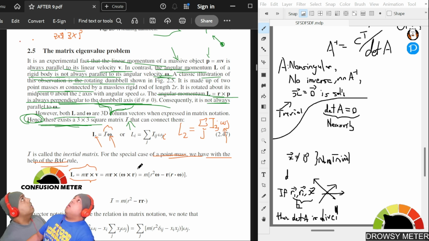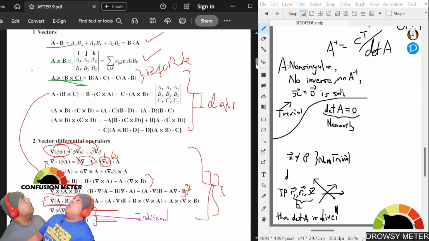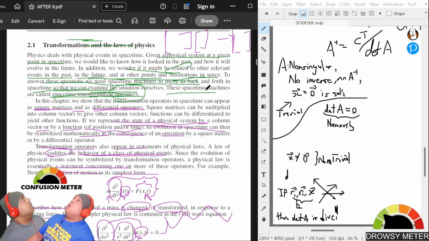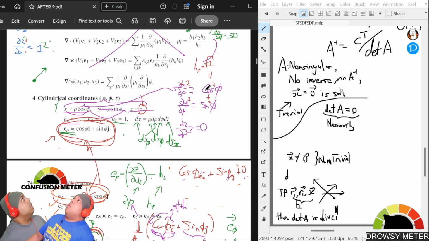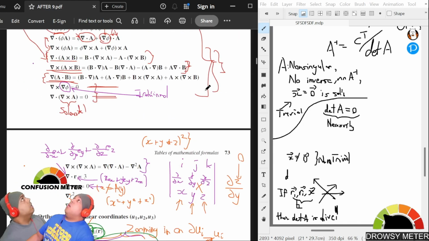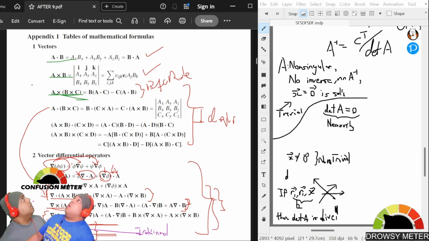I trust this, but let's just go back to the BAC rule. BAC rule is, should be here. BAC, where are you, my good friend? Over here.